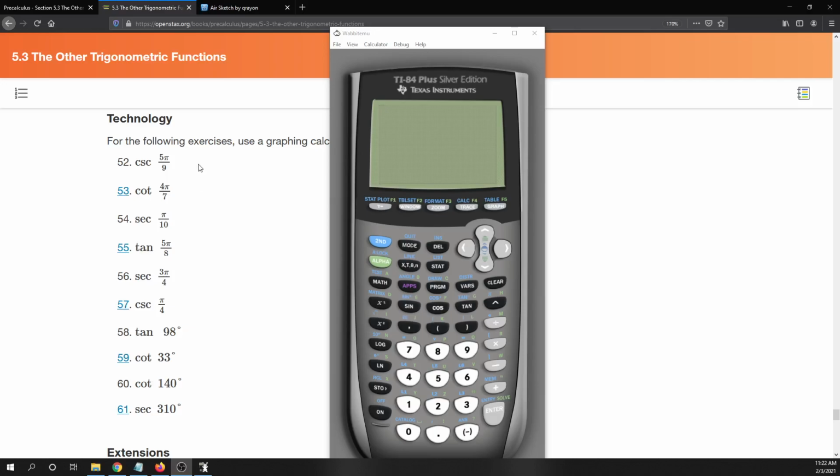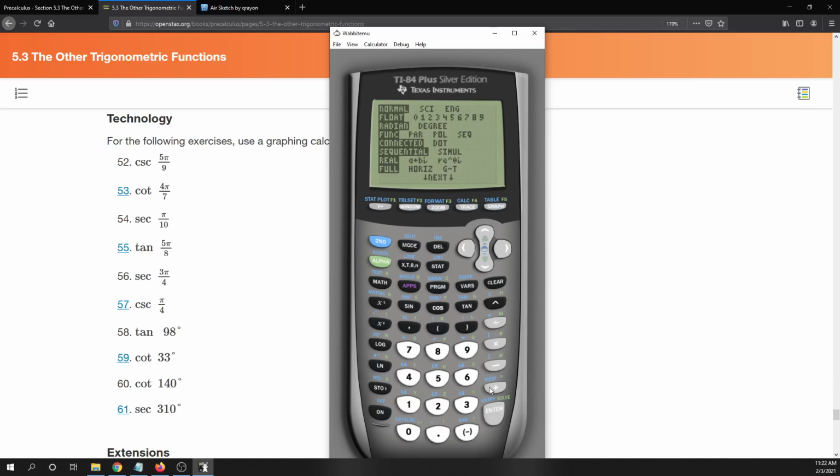You can see that this angle has no degree sign, and so this is radians they're talking about. Again, make sure that you're in radian mode. So yep, I'm in radian mode here.